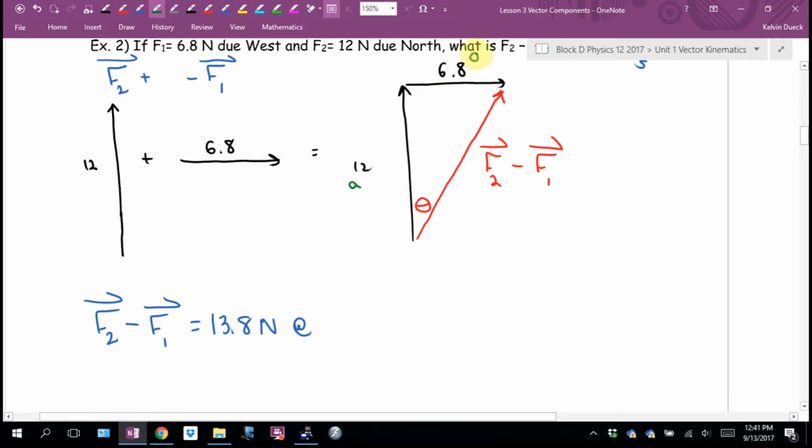That 6.8, opposite. It's going to be tan, what always goes next to the trig function, the angle, which in this case is theta.